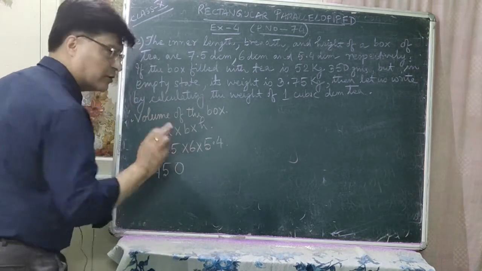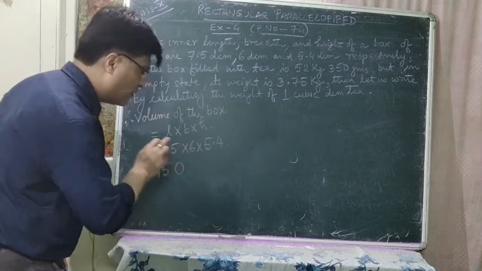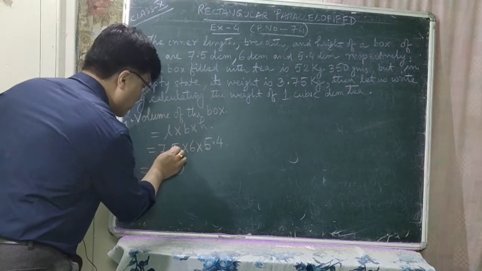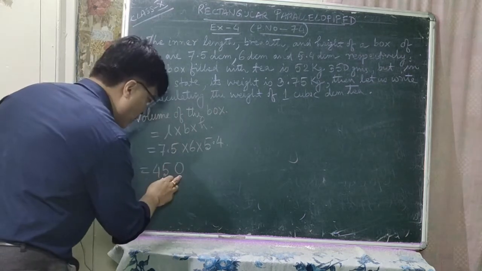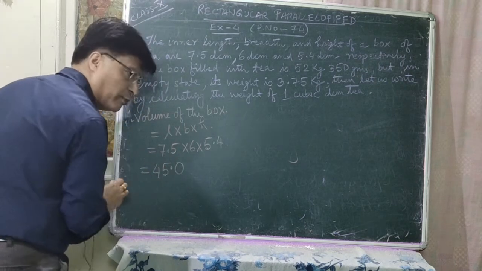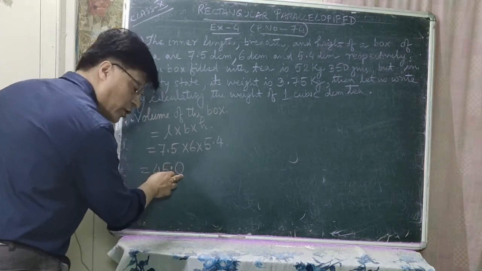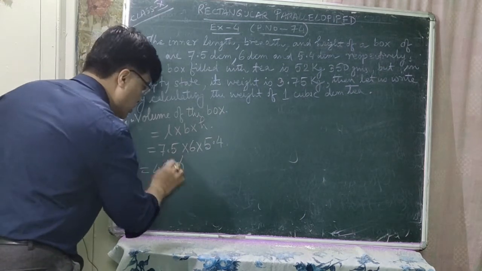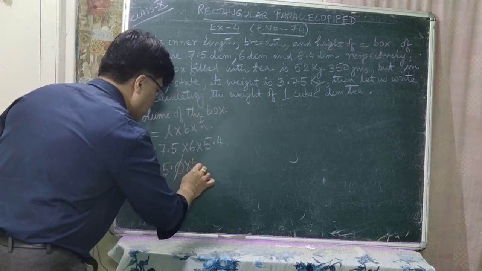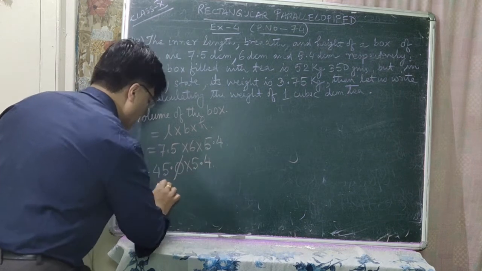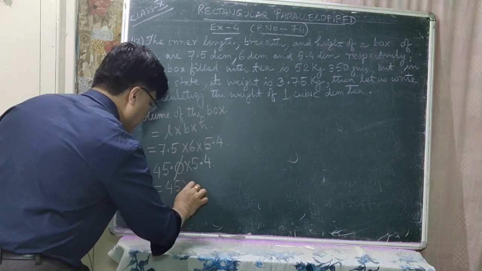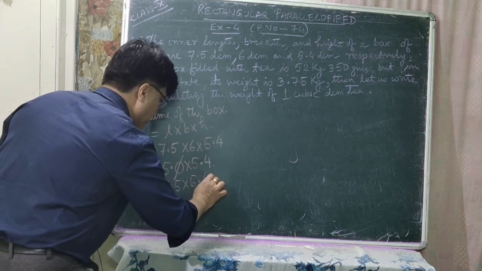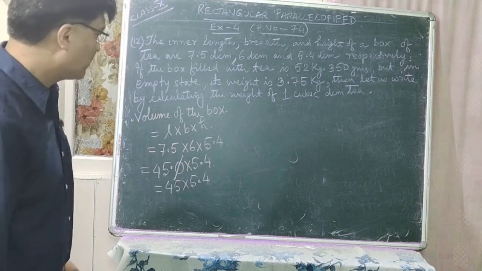After decimal point there is only one figure, so before one figure you have to write down the decimal point. So this 0 will be cancelled, and with 5.4 it is 45 into 5.4.